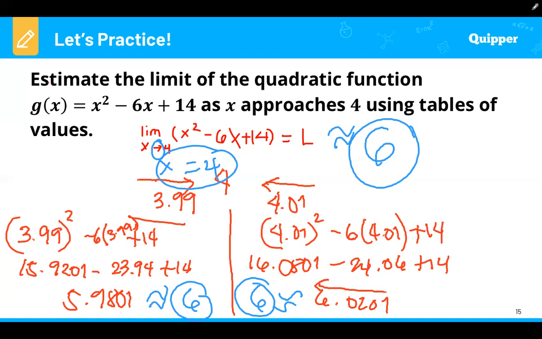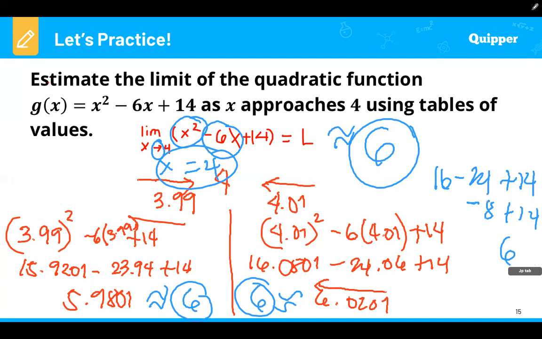We have 4 squared, so it will be 16, minus 6 times 4, that's 24, plus 14. 16 minus 24 is negative 8, plus 14, and that will be 6. So we have the answer 6. That is our short review from last time.